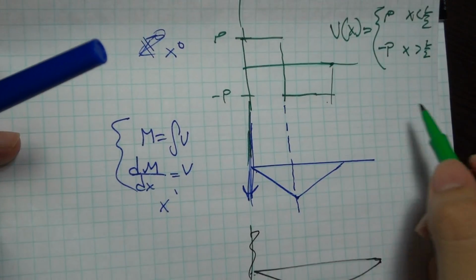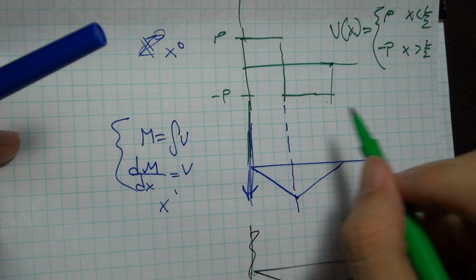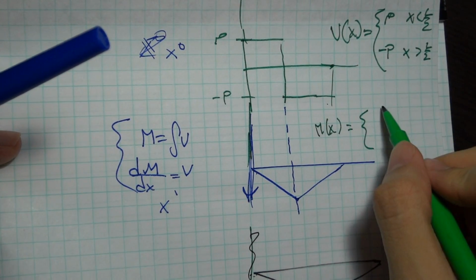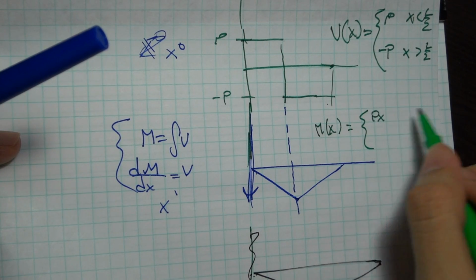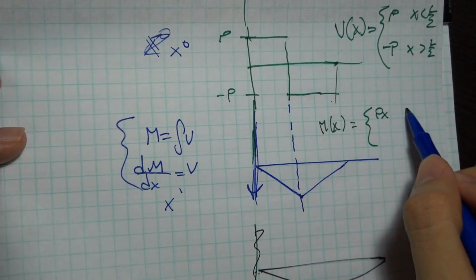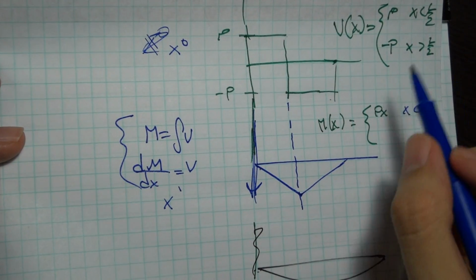Your m of x here is going to be interesting. Your m of x is equal to px for x less than L over 2.